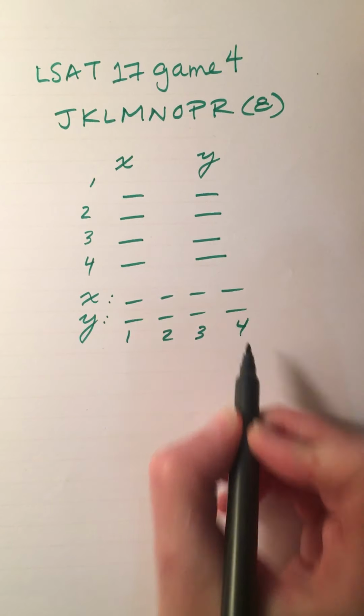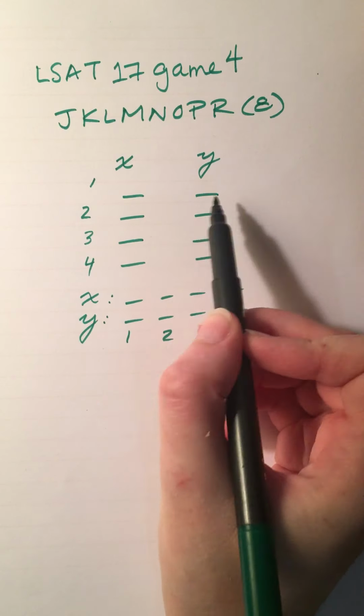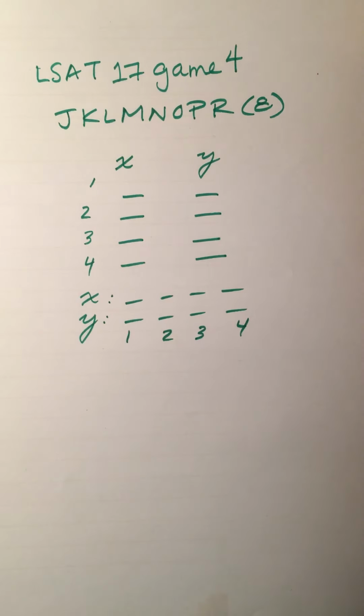Each team member runs exactly one of the legs, one team member per leg according to the following conditions. So we do have a 1-to-1 ratio of players to positions, right? Each exactly one per leg. Each of these little lines here represents a leg of the race. All right.